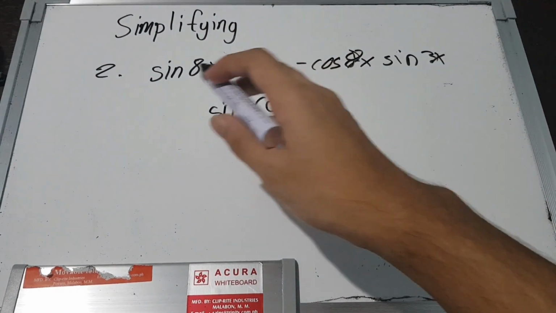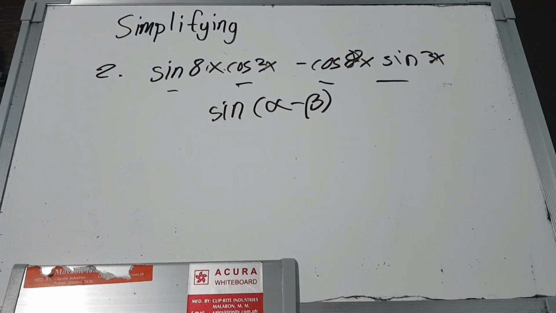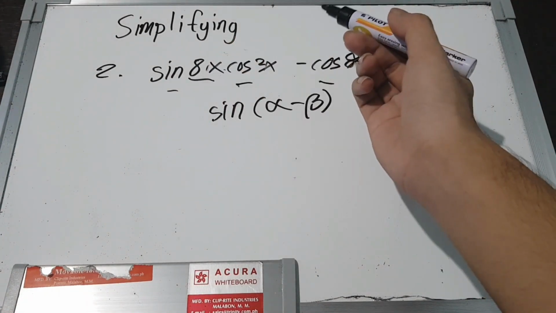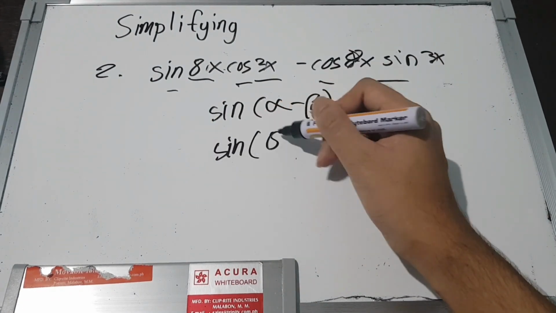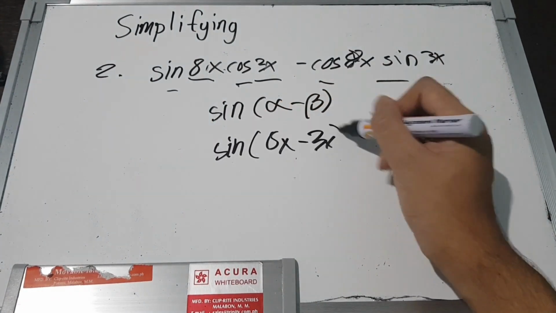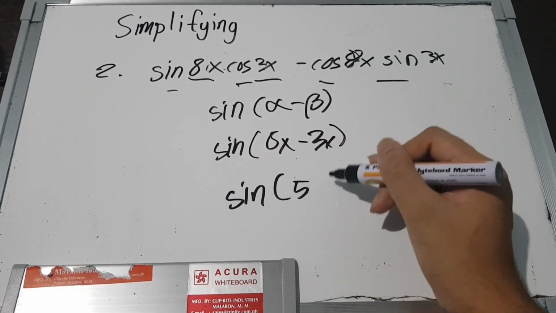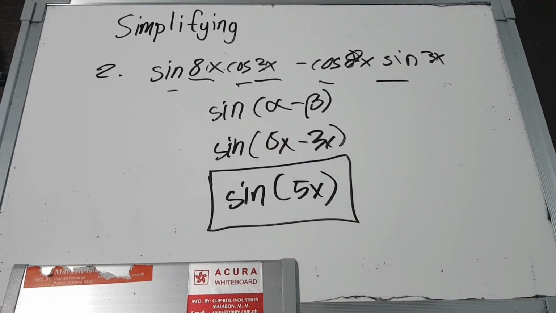This is because the pattern is sin, cos, cos, sin, meaning it has to be sine. Next, we need to identify the alpha and the beta. The first variable will be the alpha and the second will be the beta. This means sine 8x minus 3x. Simplify, it will be sine 5x. This will be our final answer.